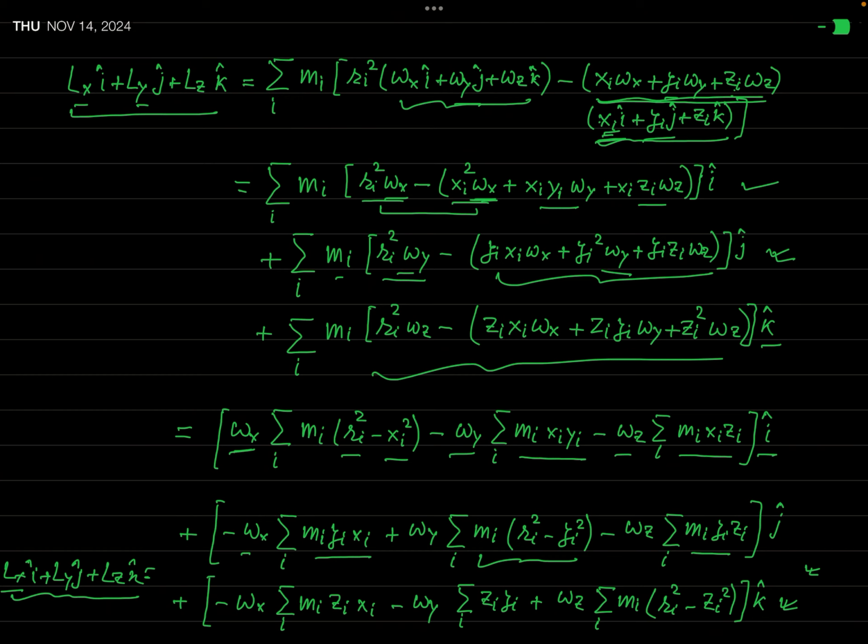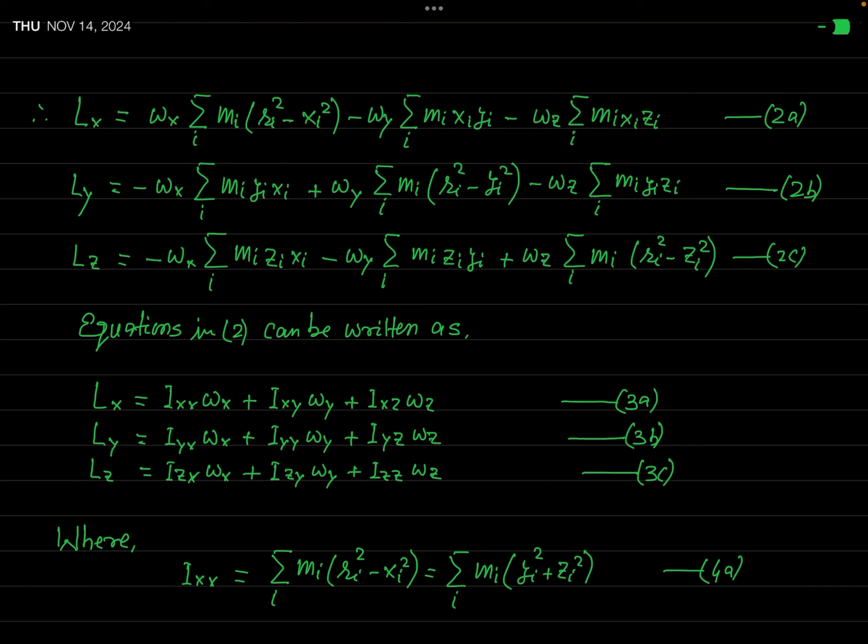That will be omega x times summation over i m_i times (r_i square minus x_i square), minus omega y summation over i m_i times x_i times y_i, and minus omega z summation over i m_i times x_i z_i. And in a similar manner you can equate L_y and L_z.